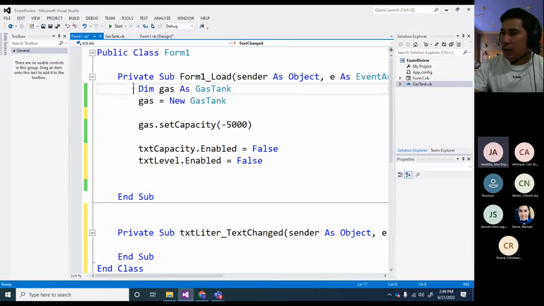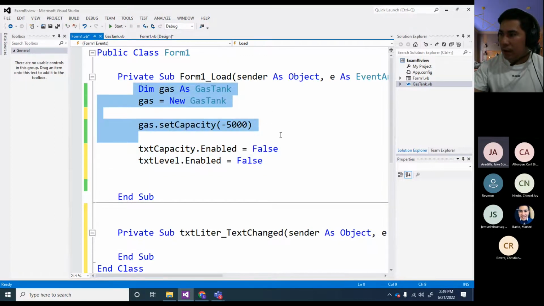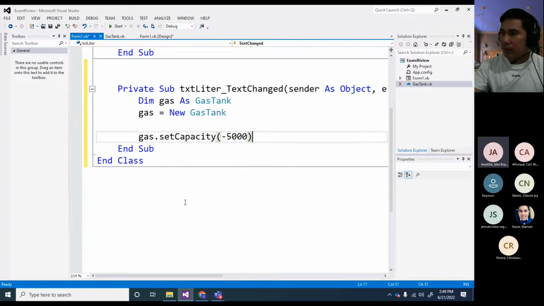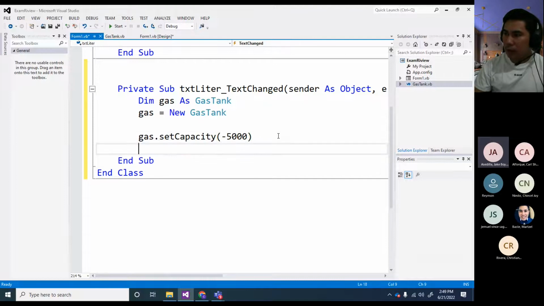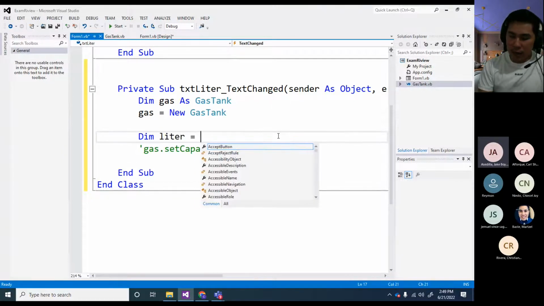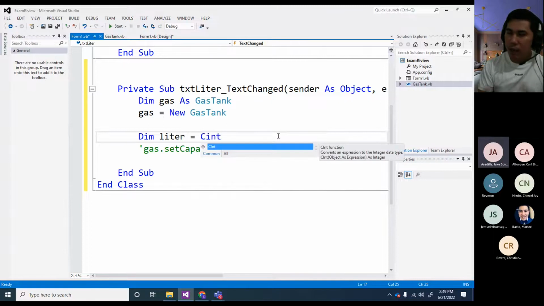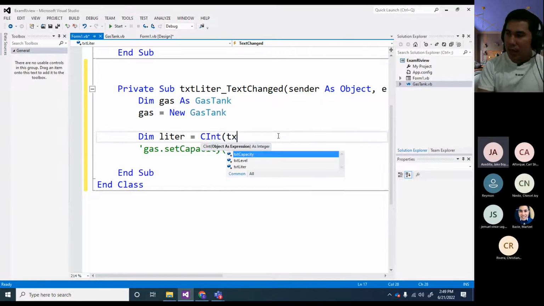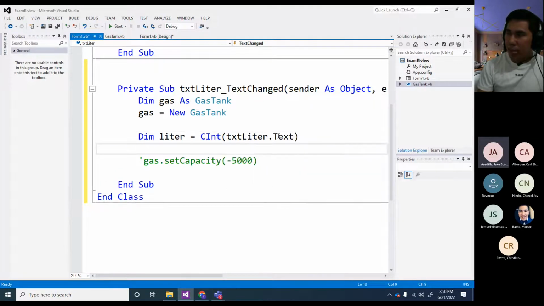All right, so we have Dim liter equals CInt, we convert the liter in txtLiter.Text to integer.